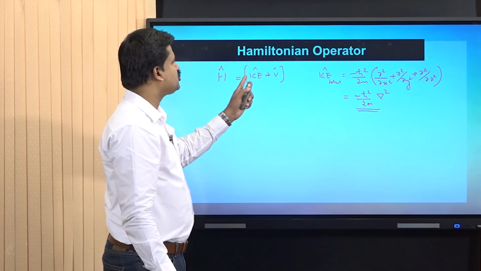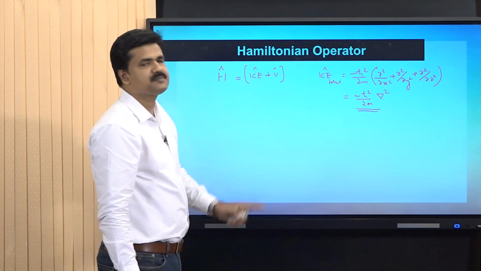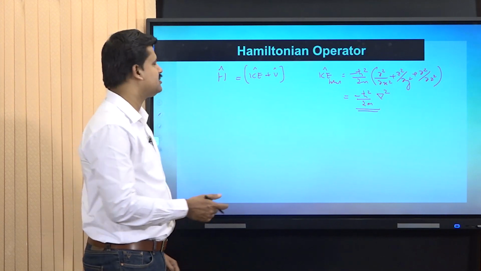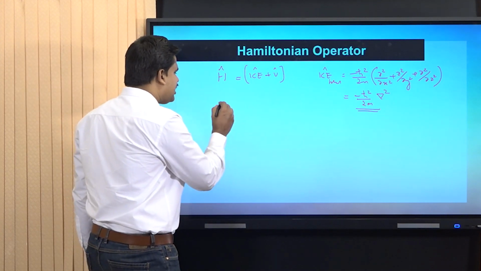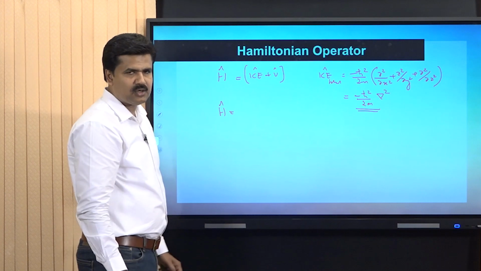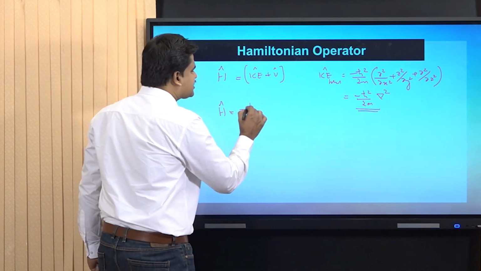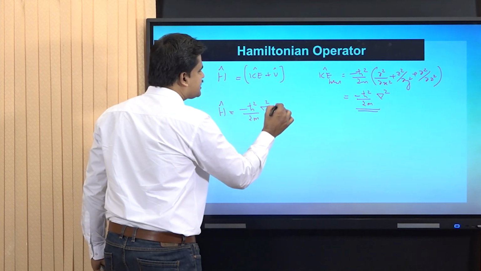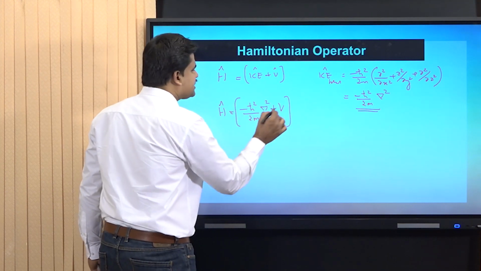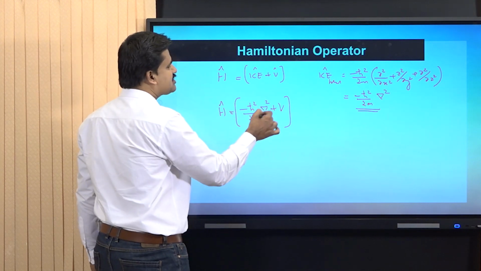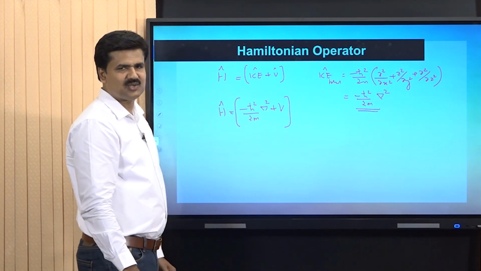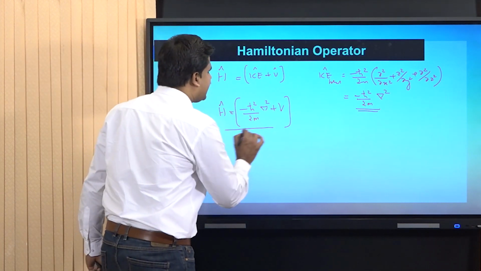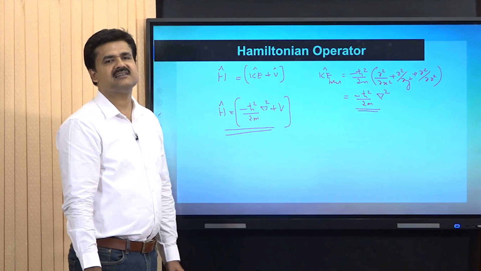I have to substitute this value in the expression for Hamiltonian operator to get the final expression for H hat. That is, H hat or Hamiltonian operator equal to minus ħ square by 2m del square plus V, where V represents the potential energy and this term represents the kinetic energy. So, the Hamiltonian operator is the total energy operator associated with a system.